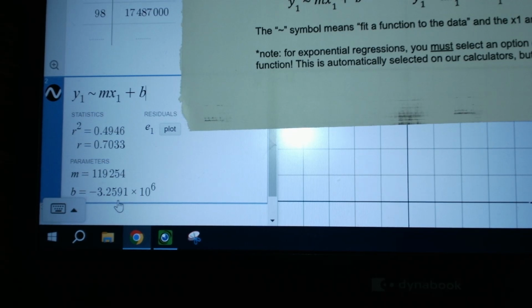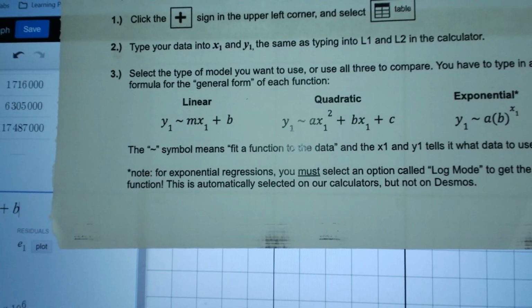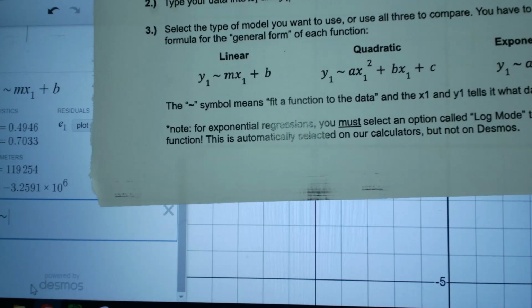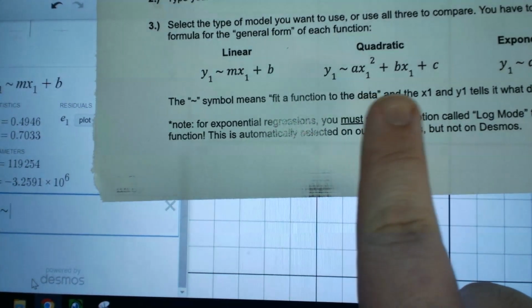Okay, now we're going to jump over to a quadratic. So start out with y1 squiggly, just in the next row down. A quadratic, the general form is ax squared plus bx plus c. That's exactly what we're going to type in. But after we type the x's, we have to put a little 1 after both of them.